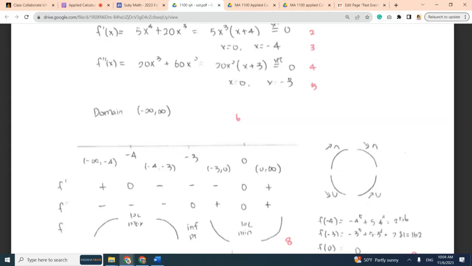Multiplicity, everybody look at me. Multiplicity is the power of the corresponding factor. You know the power is even. That means x squared is always positive. So when you pass by the 0, it won't change sign. Therefore, for the 0, do you see it's positive here, it's positive here, it won't change sign.